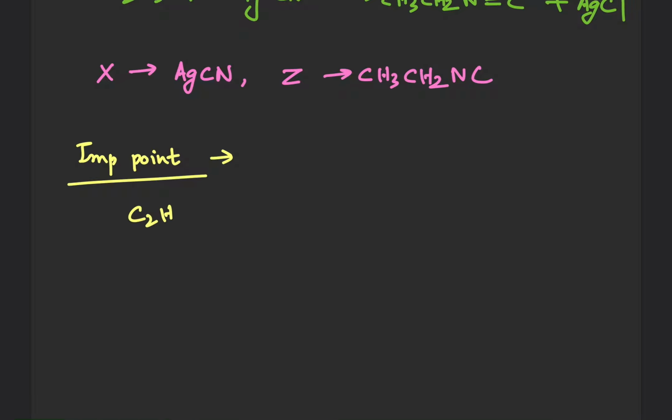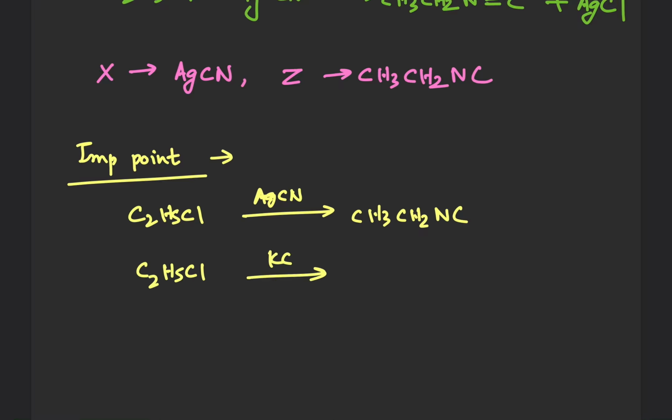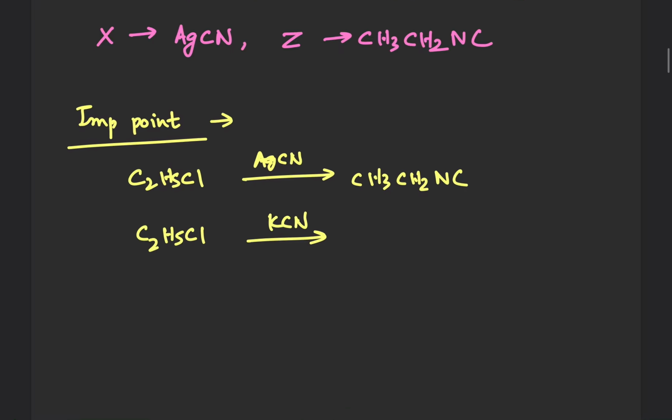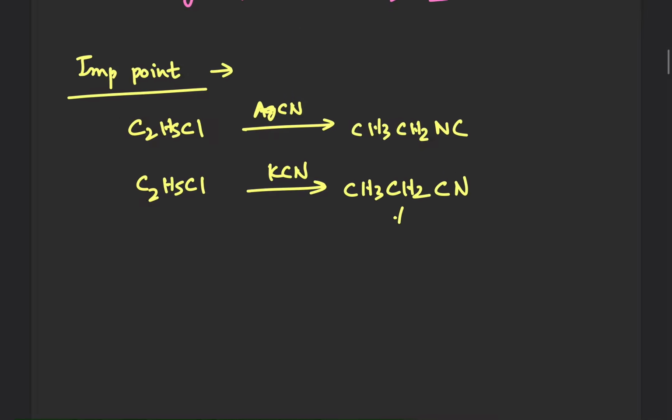C2H5Cl with AgCN gives me CH3CH2NC. Same C2H5Cl with KCN, I would have got CH3CH2CN. Okay, and this guy is known as ethyl cyanide.